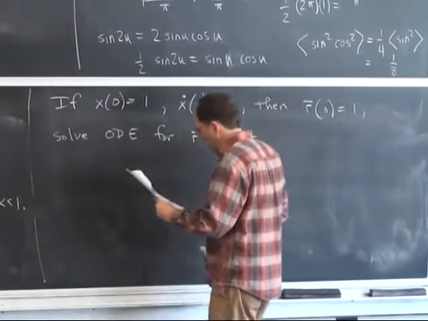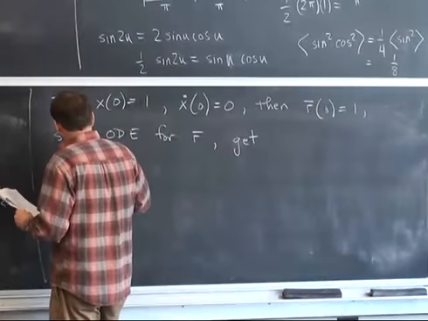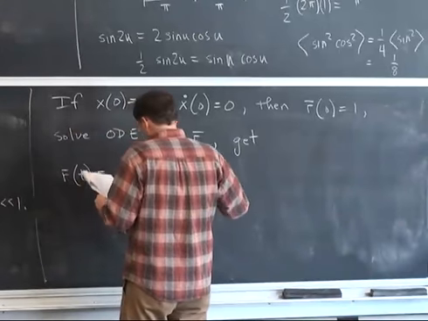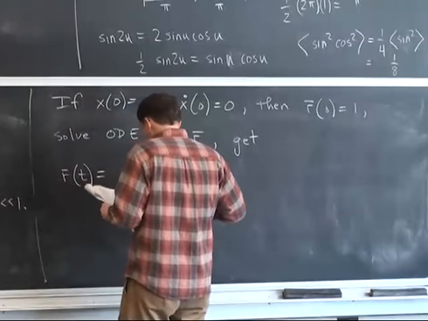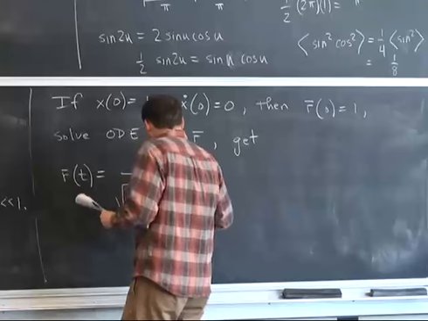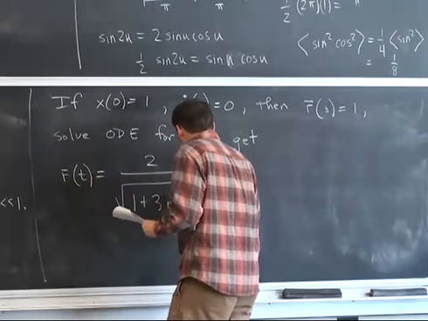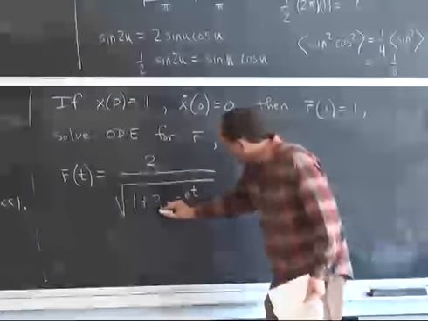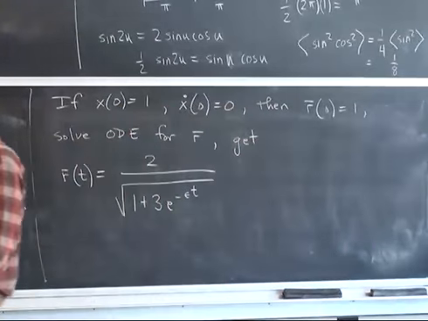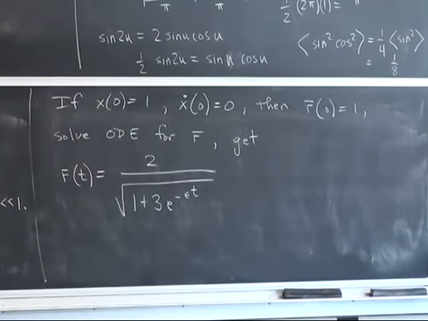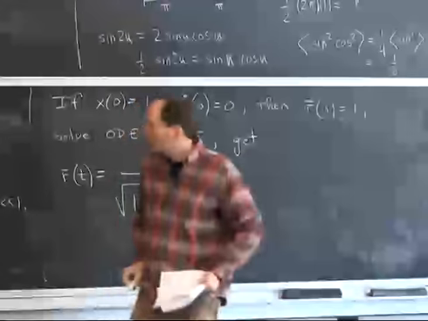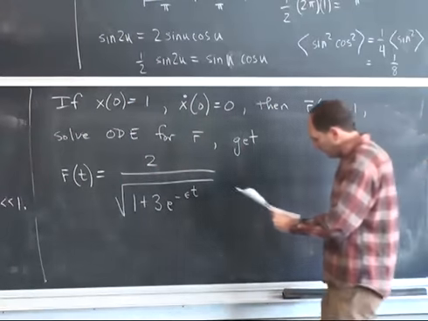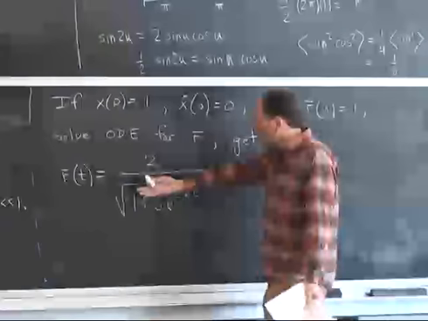And you'll get this cool formula. R bar as a function of t is 2 over the square root of 1 plus 3 e to the minus epsilon t. I got that by solving this differential equation by separation of variables and using partial fractions on it to do the integral. So that's the evolution of R bar.